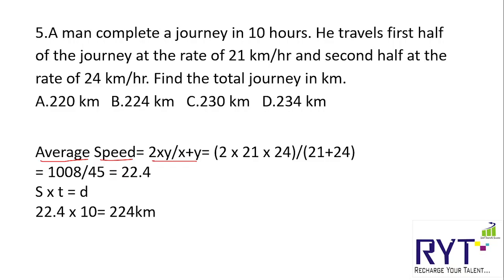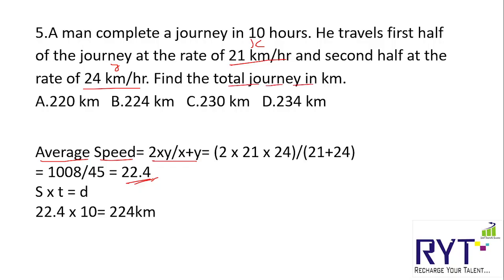X means first speed 21, y is second speed. You can write vice versa also, it's not a problem. So 2 into 21 into 14 divided by 21 plus 14. So this is 35. When we divide this, we get 588 by 35, which is 16.8. Now the question is, find the total journey in kilometer.